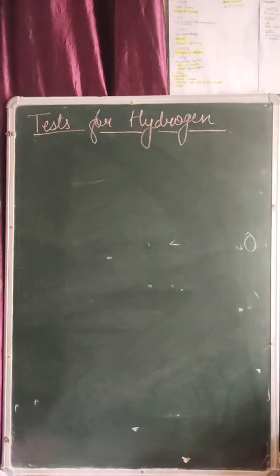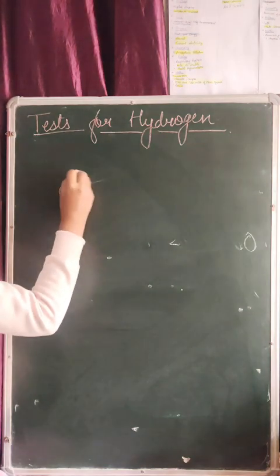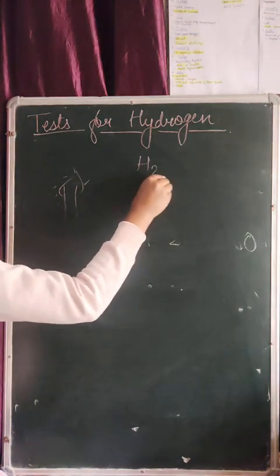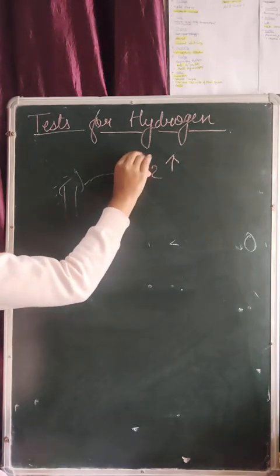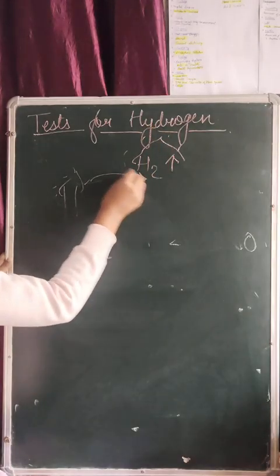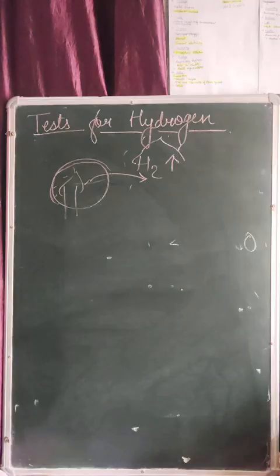Hydrogen burns very easily, but it will not support burning. Suppose this is the flame and here the hydrogen gas is evolved. Itself it will burn, but it will stop the burning of the flame.